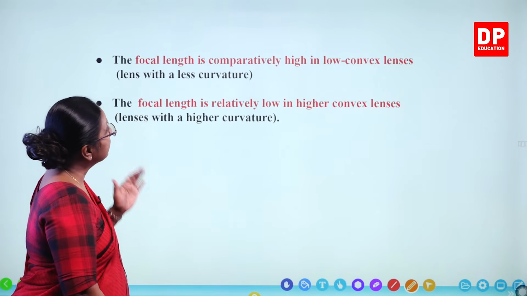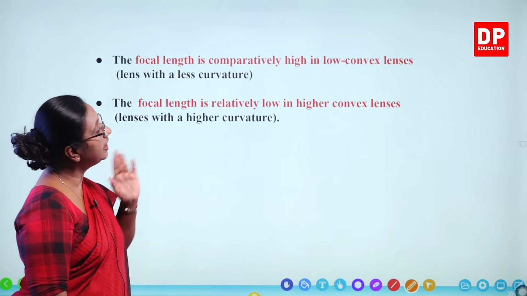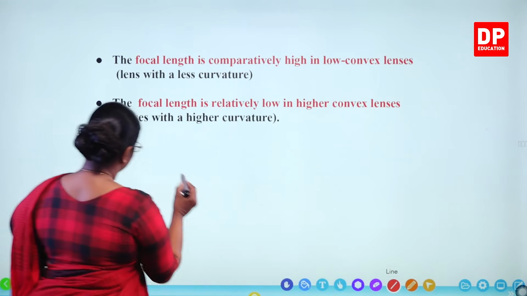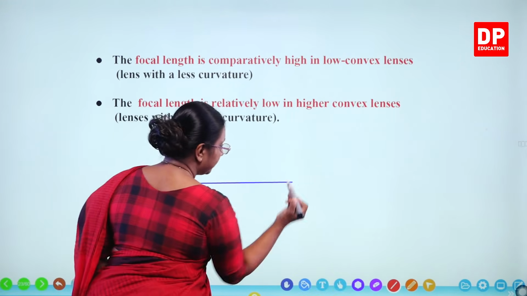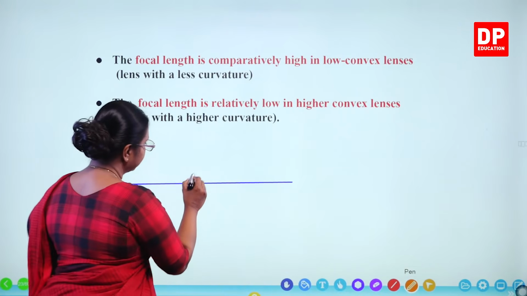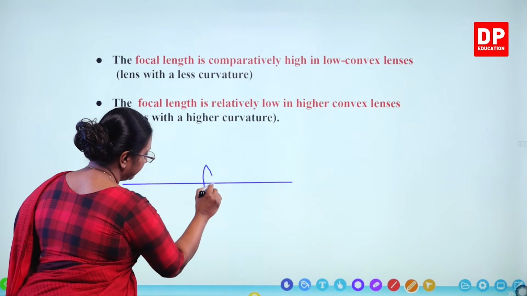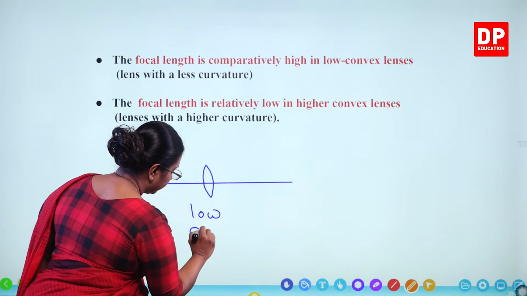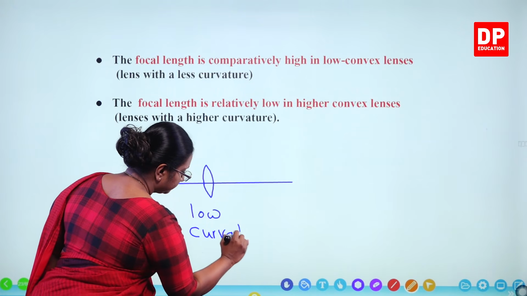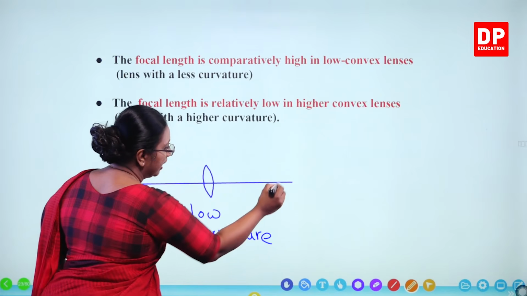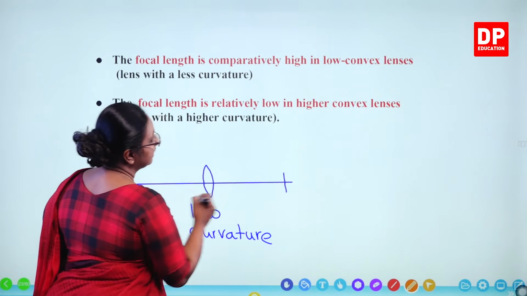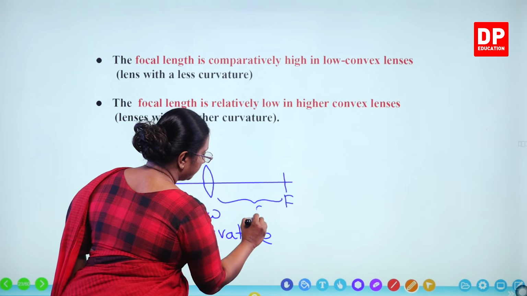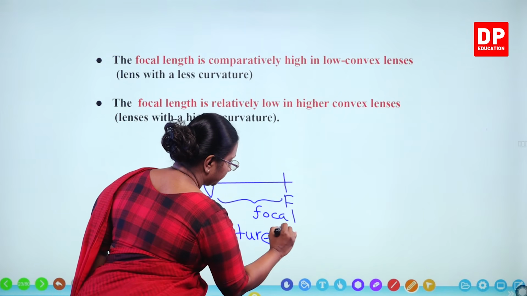The focal length is comparatively high in low convex lenses. We will look at that. So here, if we have a convex lens with low curvature, a very thin lens, so this is low curvature, then the focal length is high. This is the focal length that you all know.